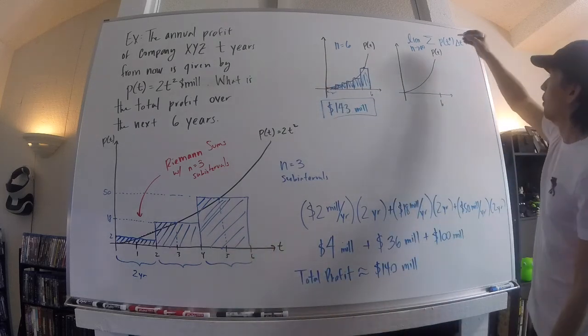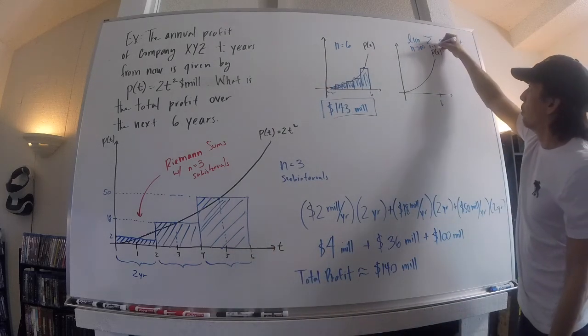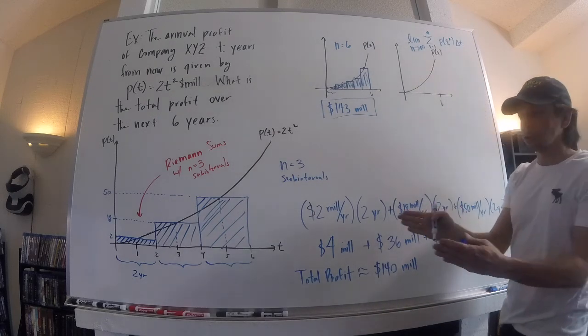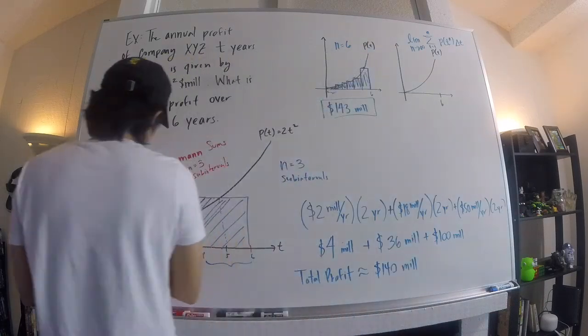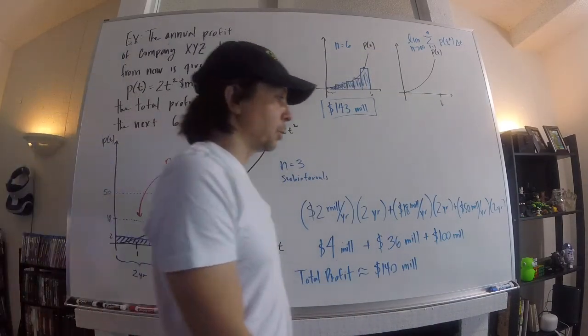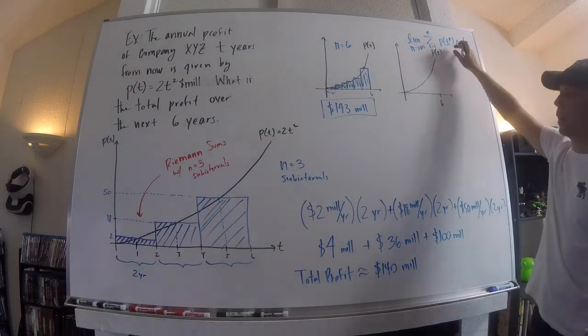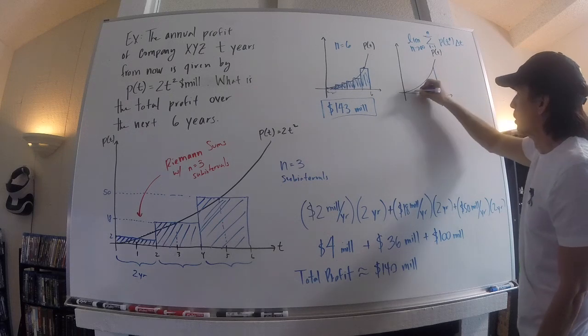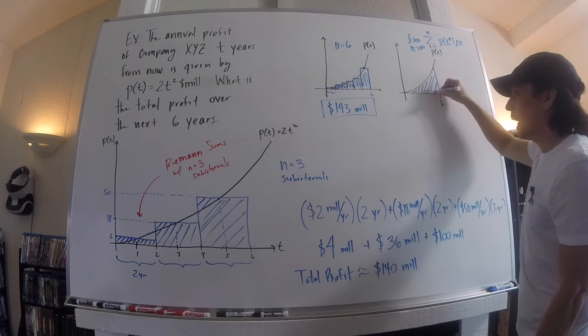Here your change in t is 2. I goes from 1 to n. That's how they write it out, and they take the limit as n goes to infinity, which means you're doing smaller and smaller rectangles. We are not getting into that, but the idea is when you take that limit, and we do have the tools to work out a limit like that, it ends up being the exact area under the curve.